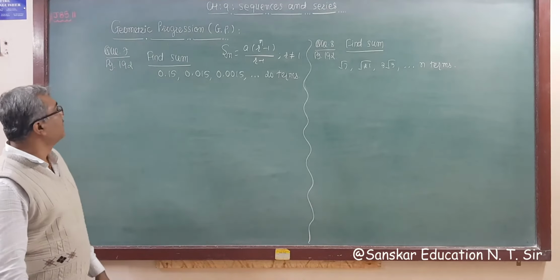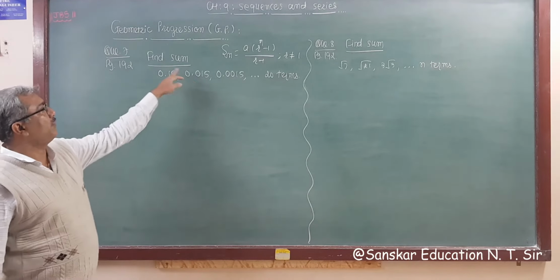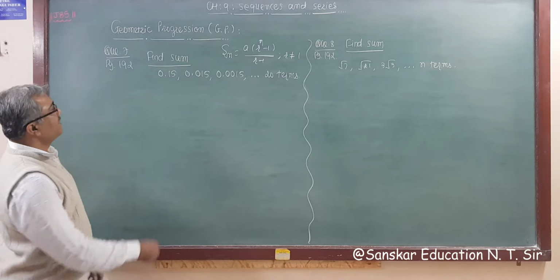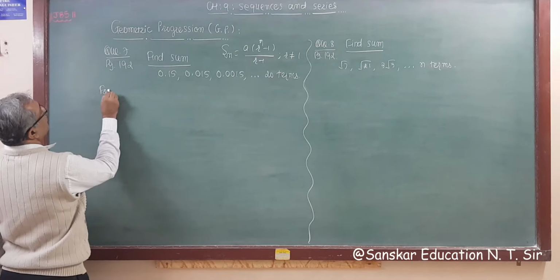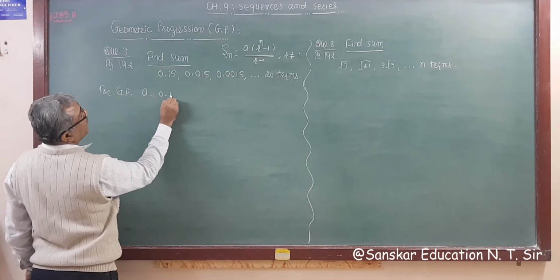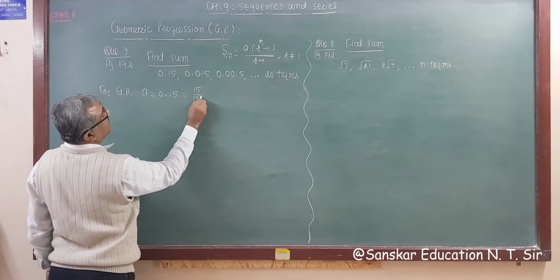Question number 7, page 192. Find the sum: 0.15, 0.015, 0.0015 up to 20 terms. So for the GP, A is 0.15, that is 15 by 100.